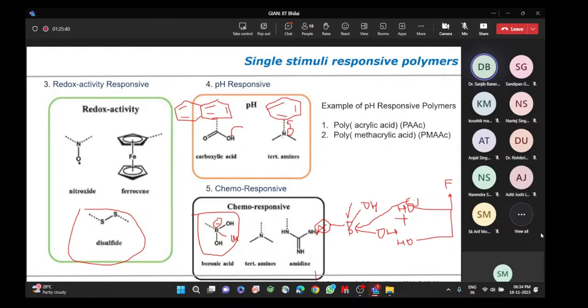Water molecule exists as hydronium ion, H3O plus, and this molecule will exist as CO2 minus. So it has higher probability to form hydrogen bonds with this H3O plus. That's why it will become soluble at higher pH. That's the explanation.